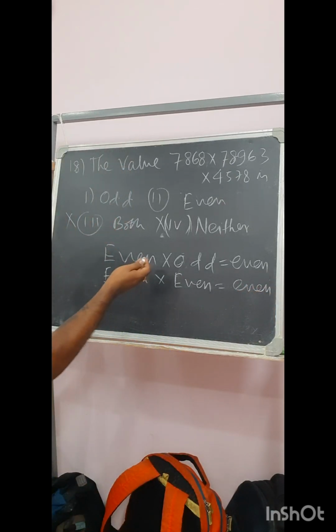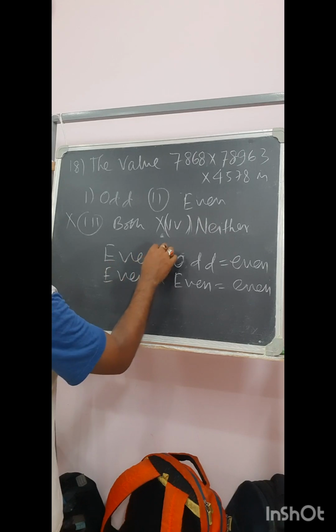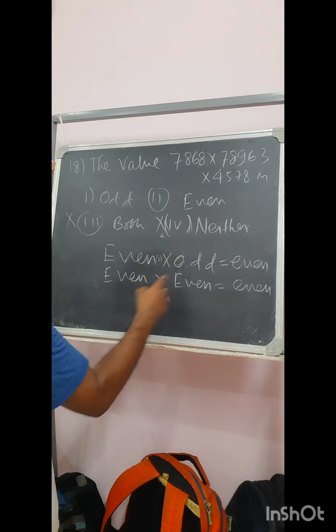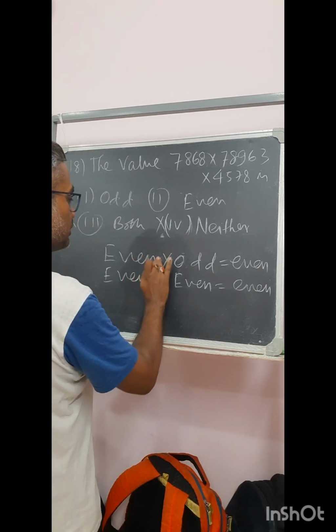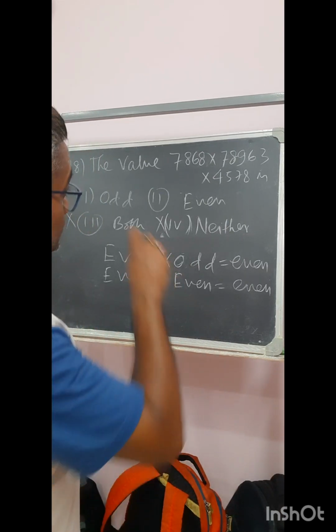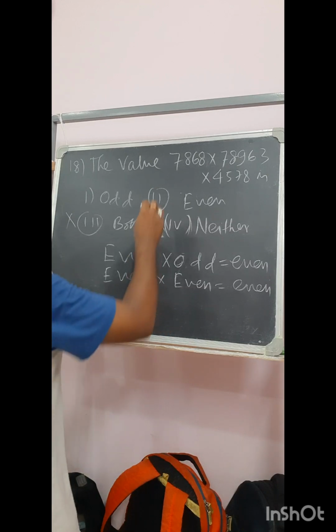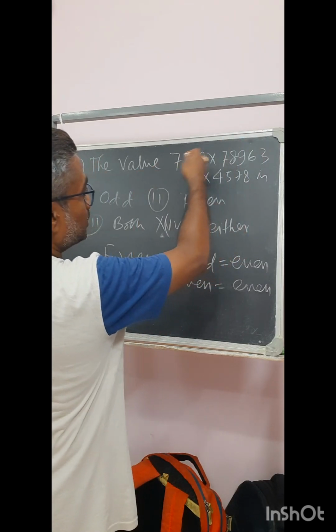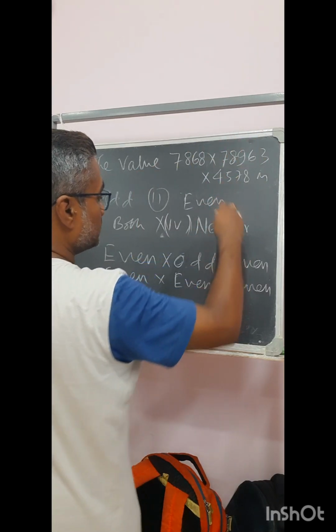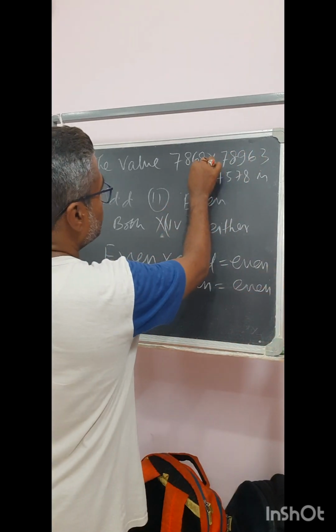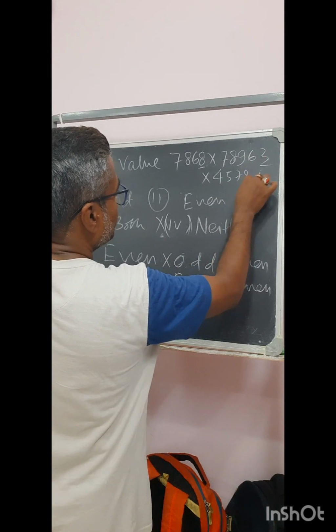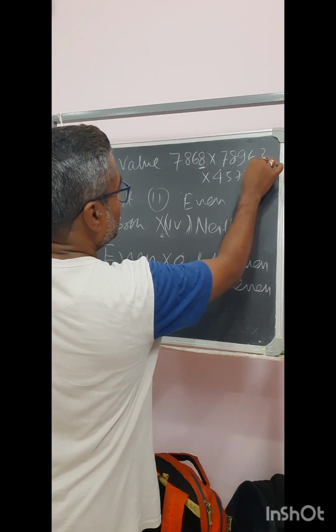And the least even value, that is 2, if I multiply it with any other thing, that will also be an even number. So from that concept, without calculating further, whereas people may start multiplying these numbers and only after that decide, without calculating anything, if I consider the last digits, these contain even numbers.